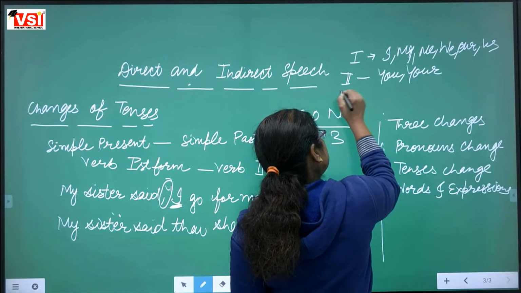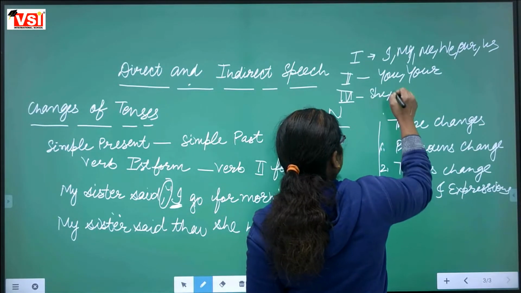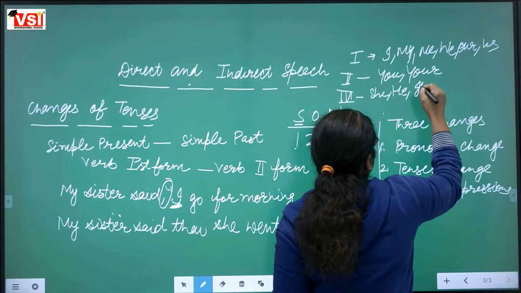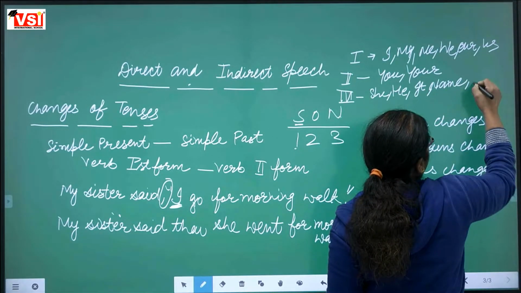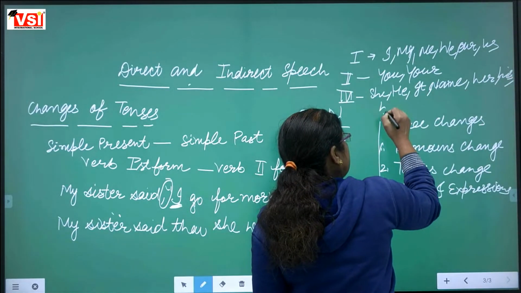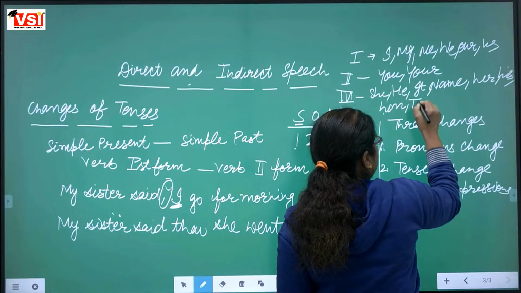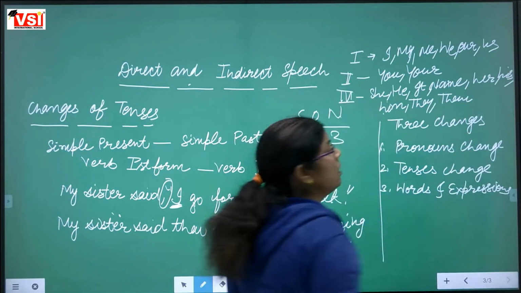Then third person: he, she, it, name, and they. If you are talking about her, his, him, they, them, all of these come in third person.